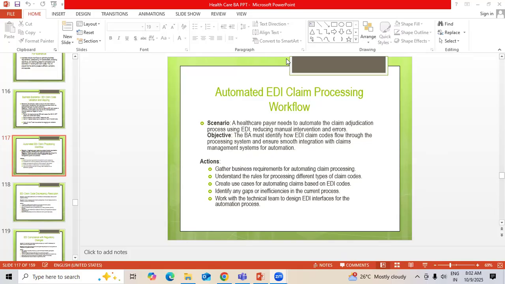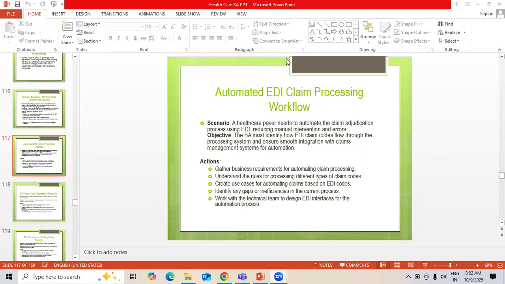Now, as a BA, if you want to provide a solution, there must be an objective behind it. As a business analyst, we must identify how the EDI claim codes flow through the processing system.